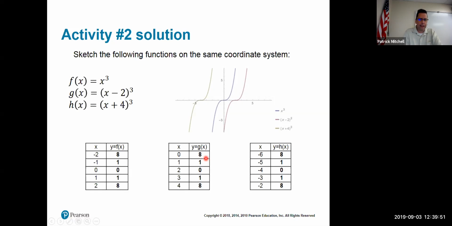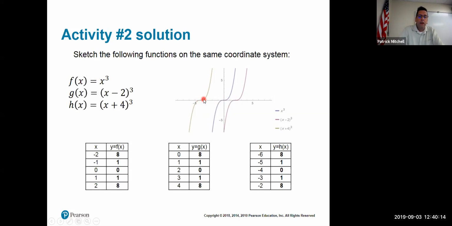Why does, in this case, minus mean right and plus mean left? I think if you look at how I have these tables set up, it starts to make sense when you stare at these tables for a little while. And then similarly, for h of x, the x has been replaced with an x plus 4, and that shifted the graph 4 units to the left.